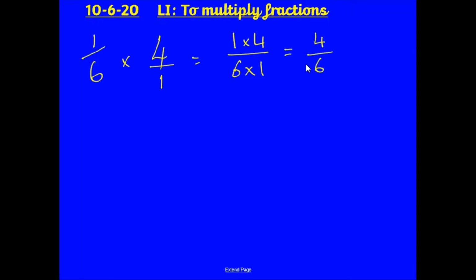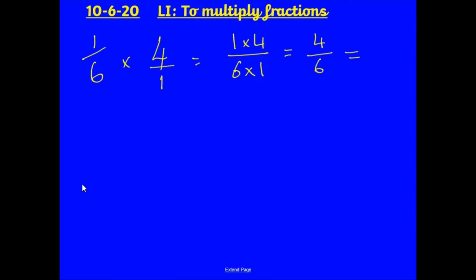That is 4 over 6. Do 4 and 6 have any common factors? Yes, they do. They are both even numbers, so therefore they will both be divisible by 2. So I can simplify this into 2/3. And there's my answer simplified. 1/6 times 4 is 2/3.